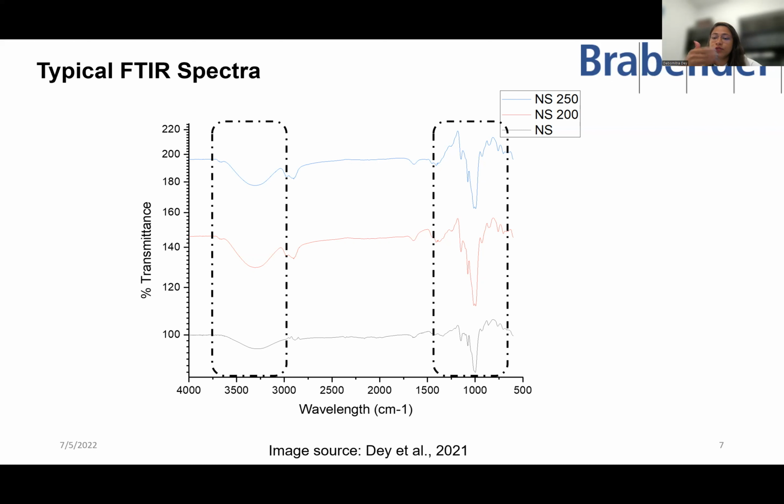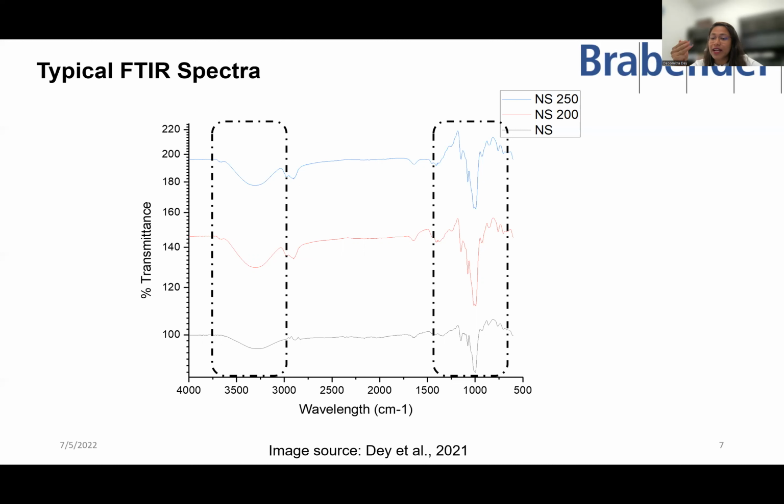So what could be the process-induced changes in starches during extrusion processing? One change is, of course, gelatinization, because during extrusion processing, the starch must have undergone gelatinization. The crystalline structure of starch is broken because it was processed under high temperature, high shear, and high pressure. That led to breakdown of starch.